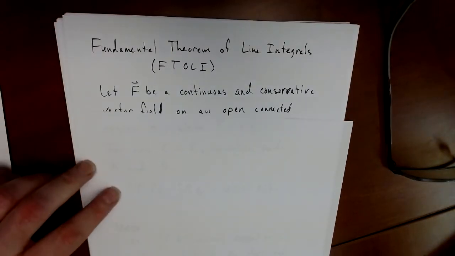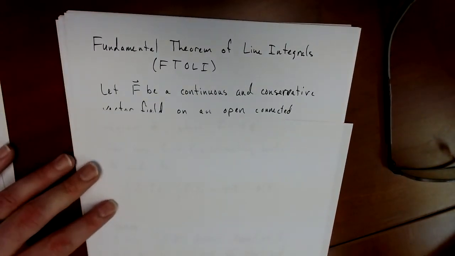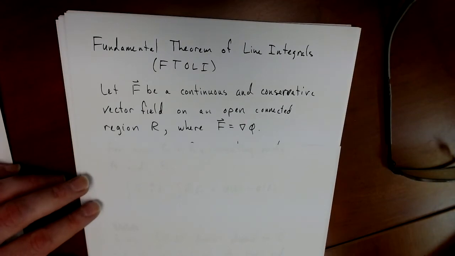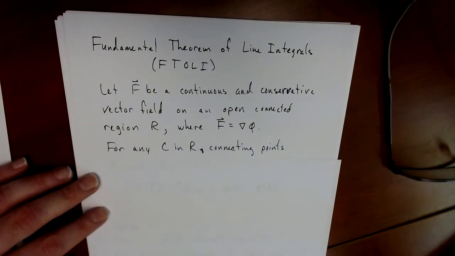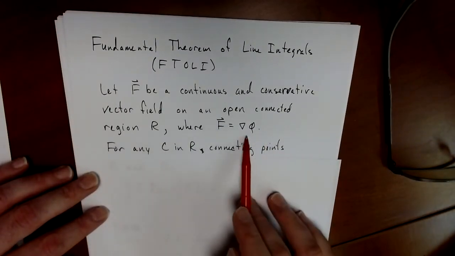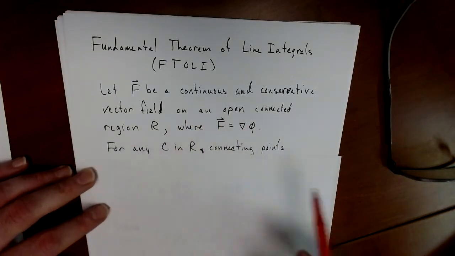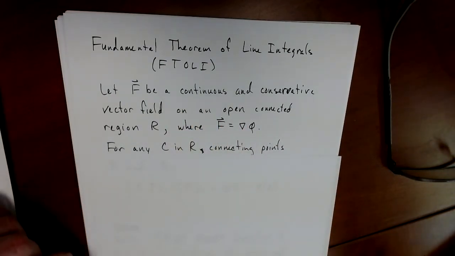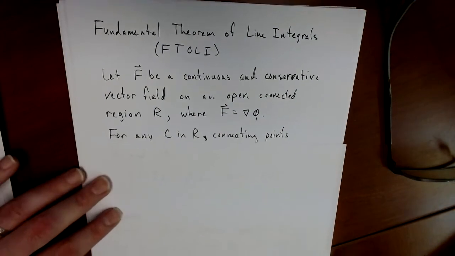All right, so the reason why we care about conservative vector fields is, if our vector field is nice, if it is conservative, also continuous, that's just so that we can do a line integral over the vector field.